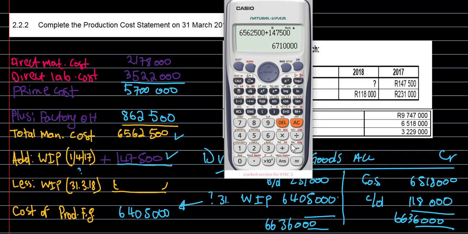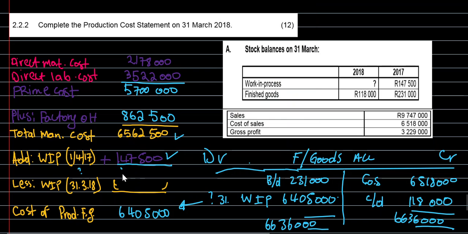So it's going to be 6710,000. This is the money that we were looking for, the total of everything there.